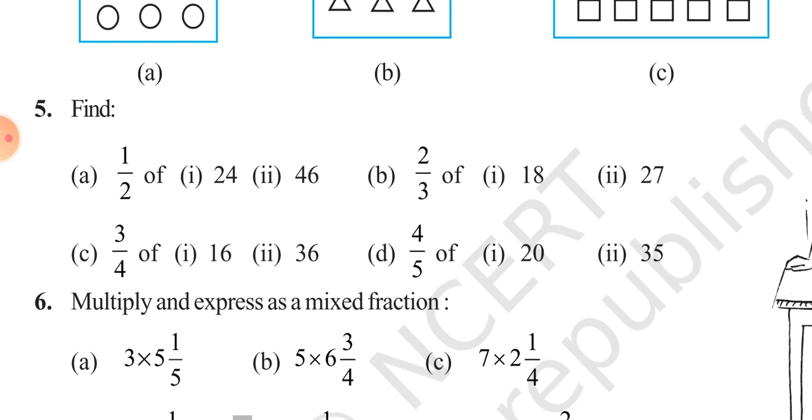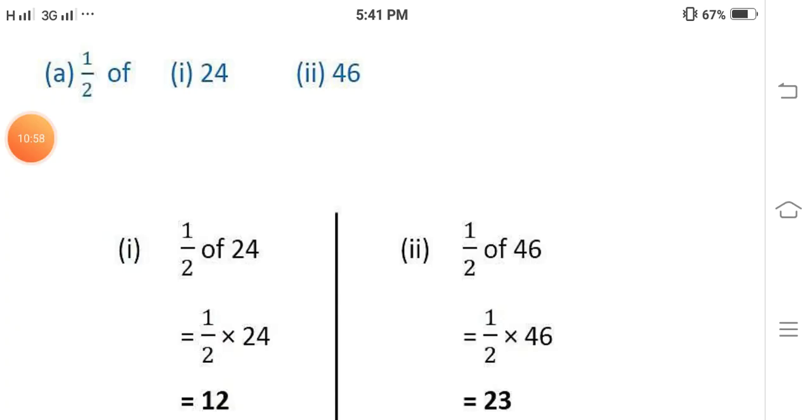Fifth question, find 1 by 2 of. Students, as I told you, of means multiply. So we have to multiply 1 by 2 with the first part 24, then the second part 46. Beta, here is your first part.